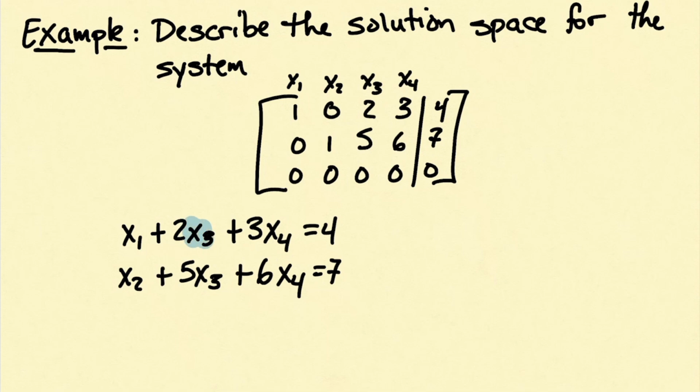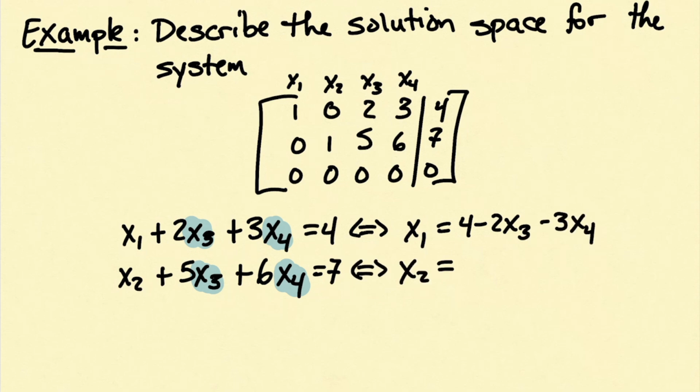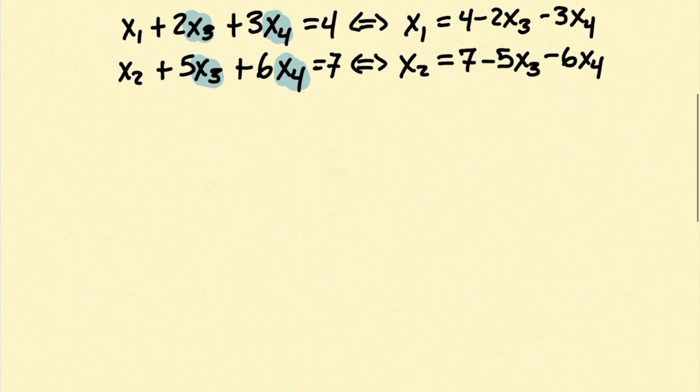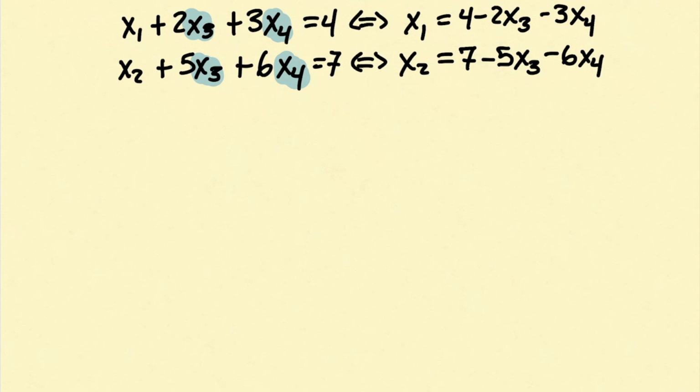In the other two equations, we observe that the variables x3 and x4 appear. As a result, we're going to solve the first equation for x1 in terms of x3 and x4, and we'll solve the second equation for x2 in terms of x3 and x4. This gives us what we call the parametric description of our solution space.